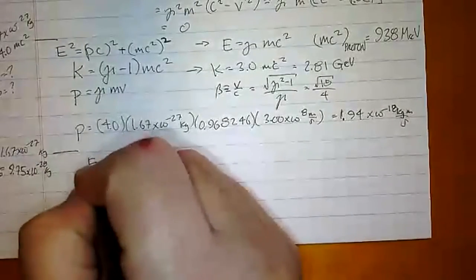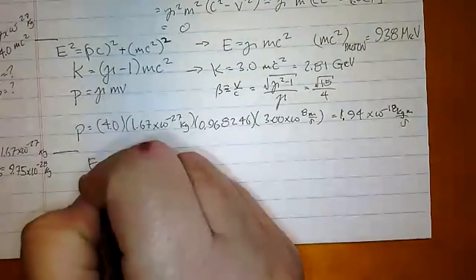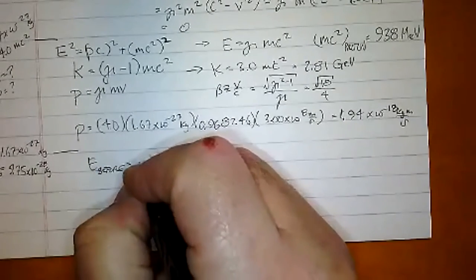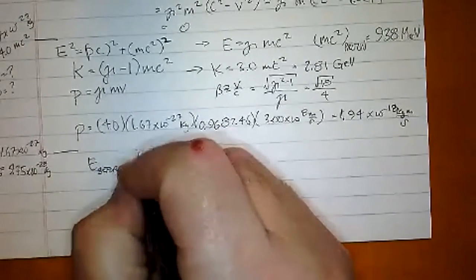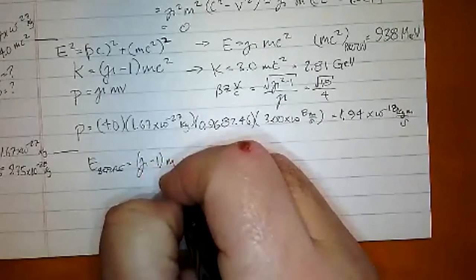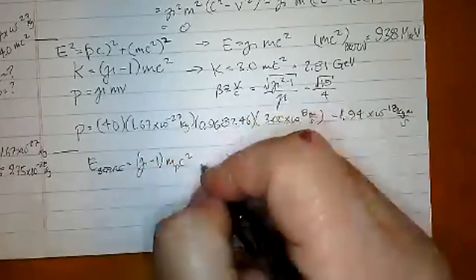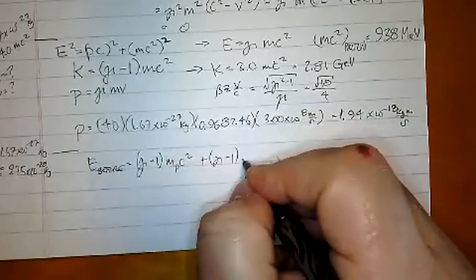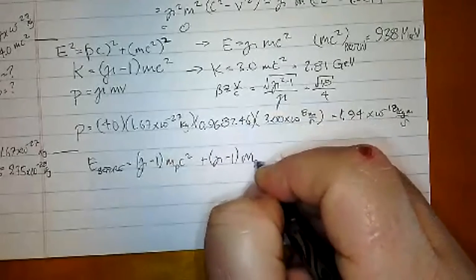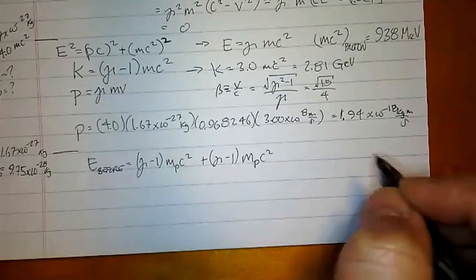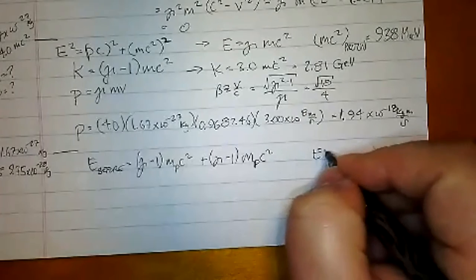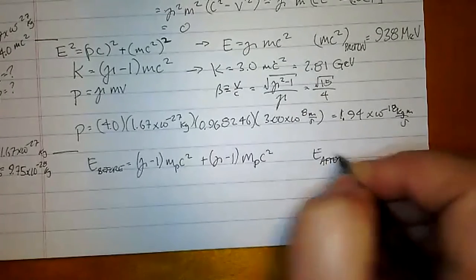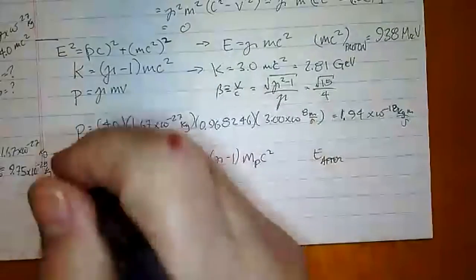So E before is equal to gamma minus 1 m proton c squared plus gamma minus 1 m proton c squared. They're the same, that's why I'm writing it twice. There's 2 protons. Okay. Well, the E after, and this is actually kinetic energy before, I should just say that.